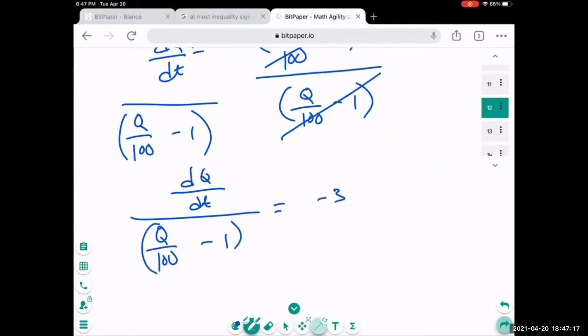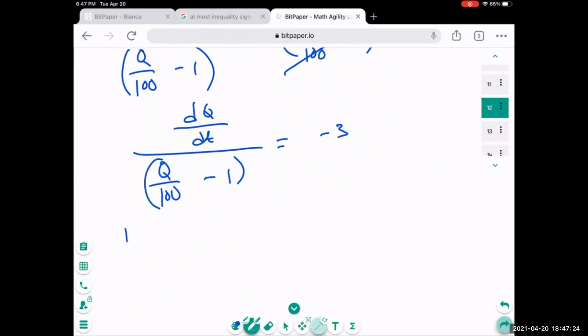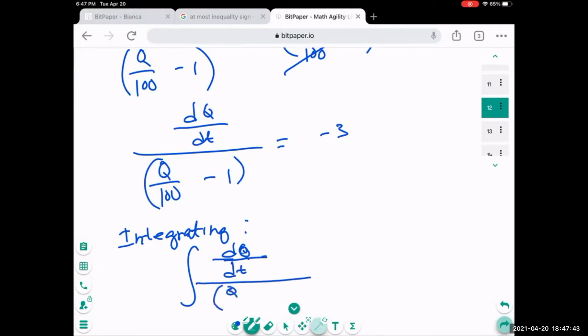Okay, and then the next step is to integrate. So let's integrate this. So integral of dq over dt all over q over 100 minus 1 dt. I forgot to put dt here, sorry.